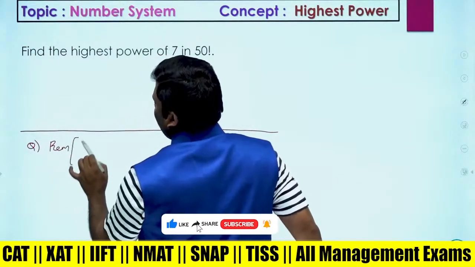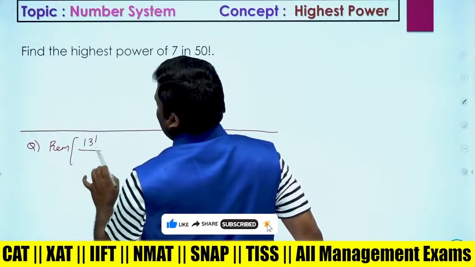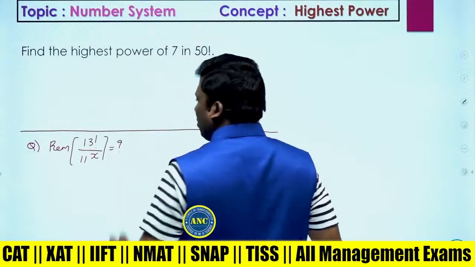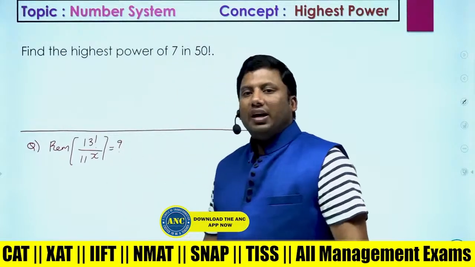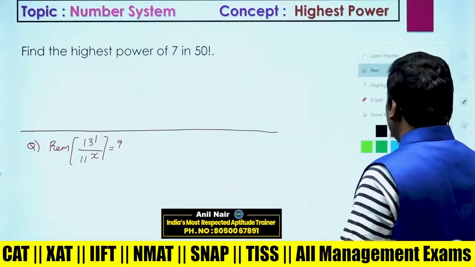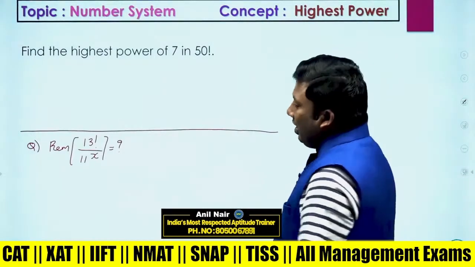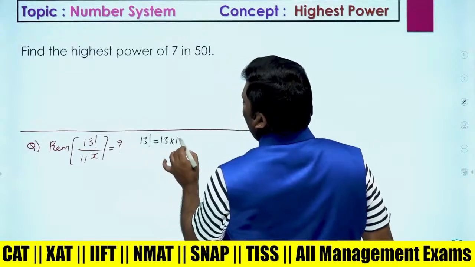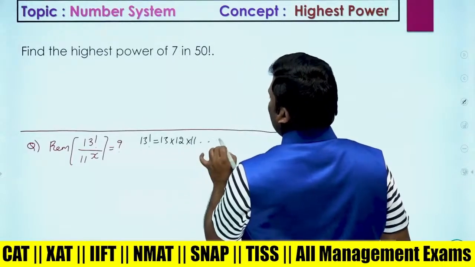Remainder of 13 factorial divided by 11 power x is equivalent to 0. How much is x? Introductory question. 13 factorial is the product of all natural numbers from 13 to 1.